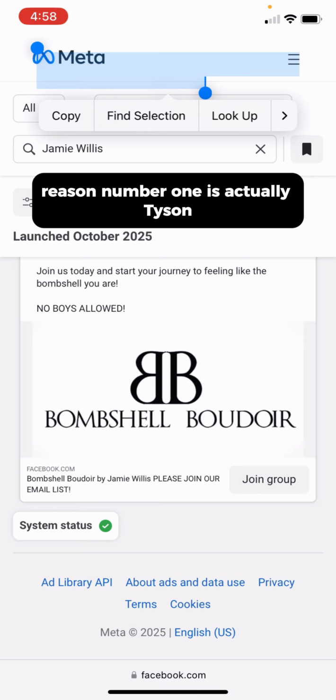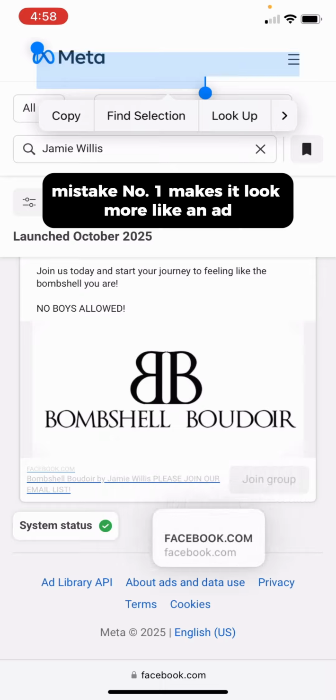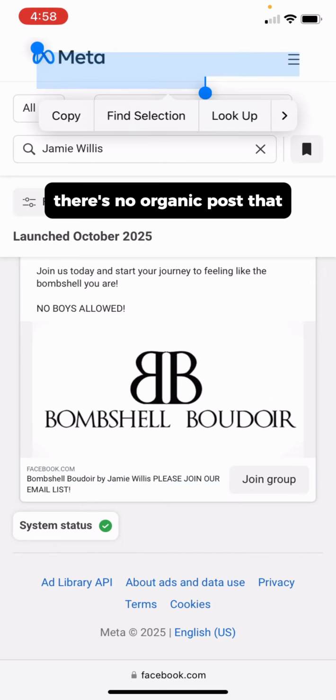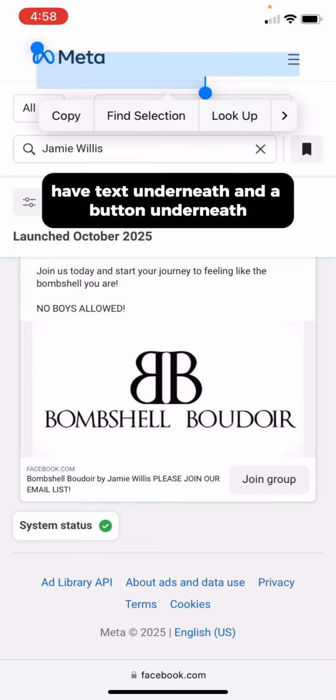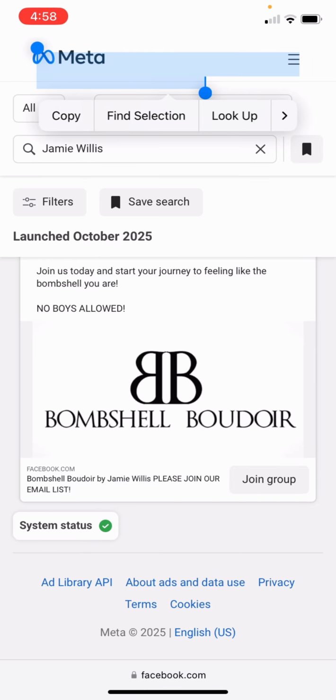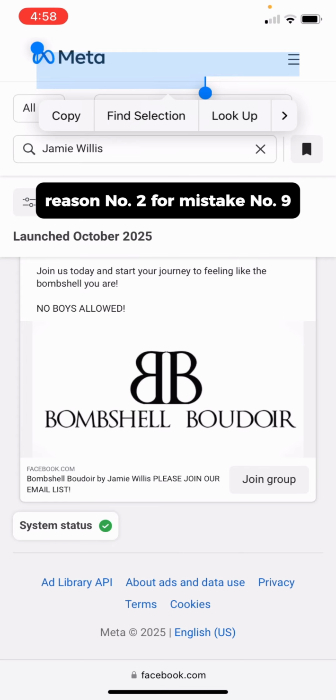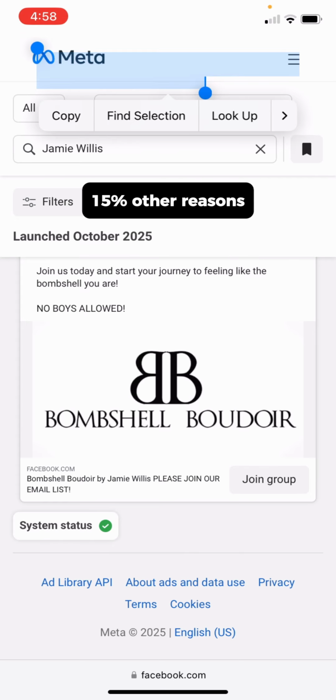Reason number one actually ties in with mistake number one, it makes it look more like an ad. There's no organic posts that have text underneath and a button underneath. So reason one for this mistake number 9 is 5%, makes it look more like an ad. Reason number 2 for mistake number 9, 15%.